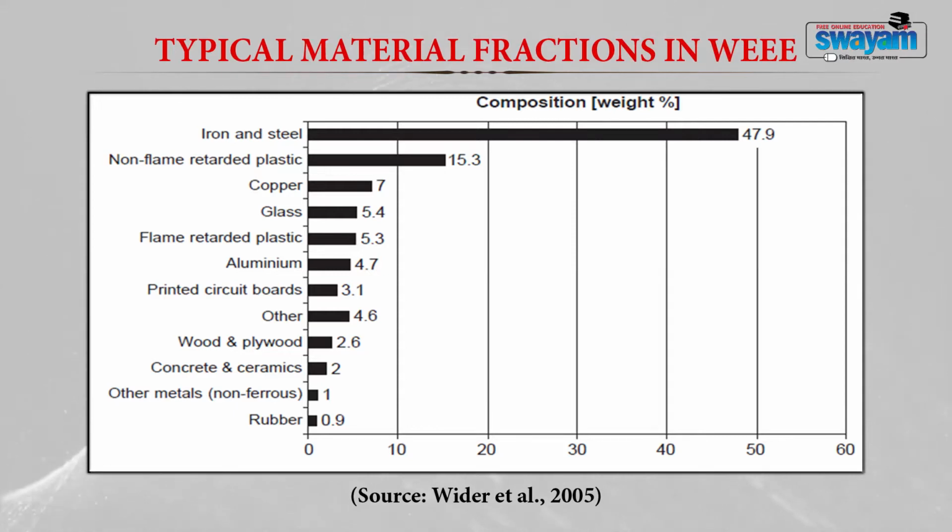Wood and plywood is around 2.6%, concrete and ceramics about 2%, and other non-ferrous metals occupy 1%. The least amount is occupied by rubber, which contributes 0.9% of the composition of waste electrical and electronic equipment.